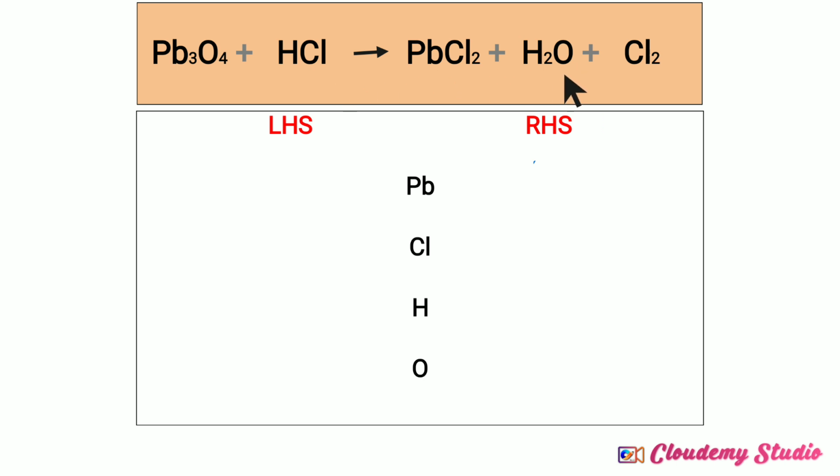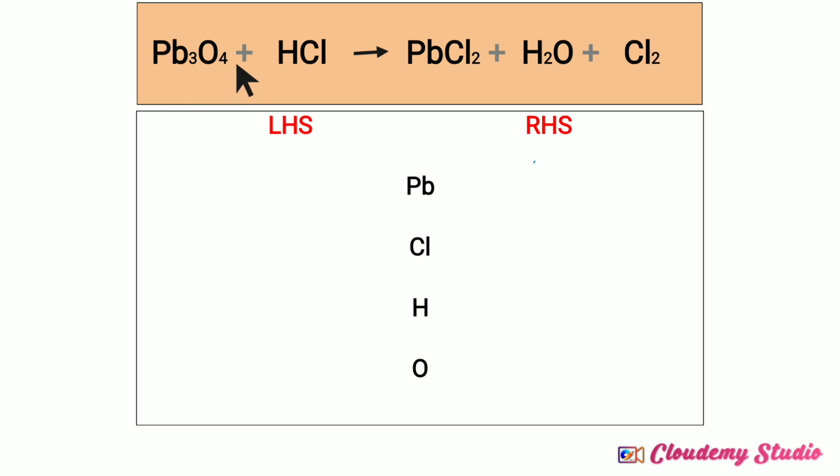After writing the skeleton equation, we can list out the atoms of the reactants as well as the products, on the left hand side the reactants and the right hand side the products. Let's list out the atoms first. The first atom, lead: on the left hand side, how many times is it there? 3 times.